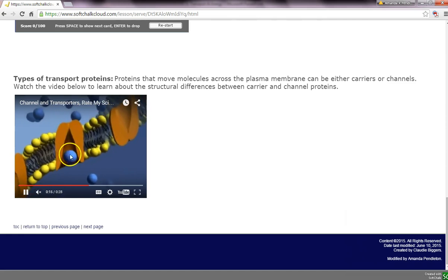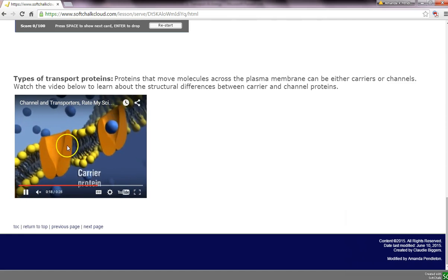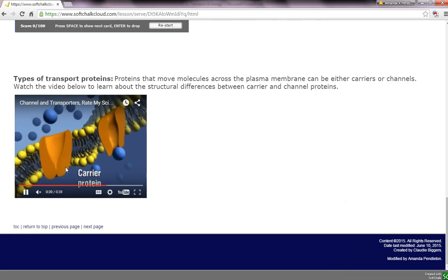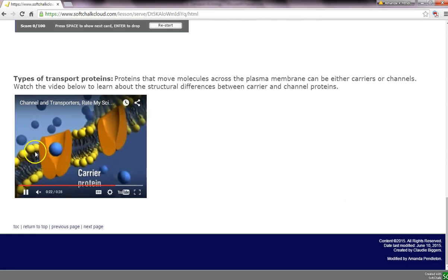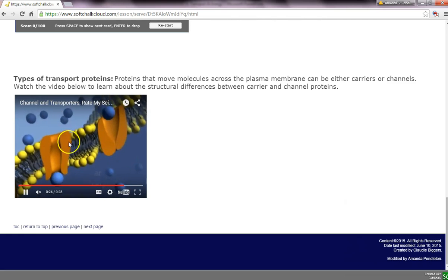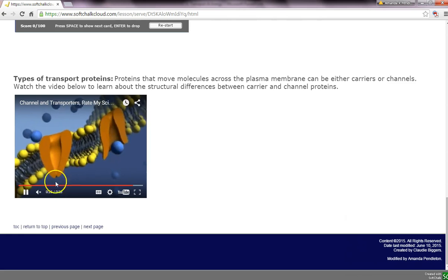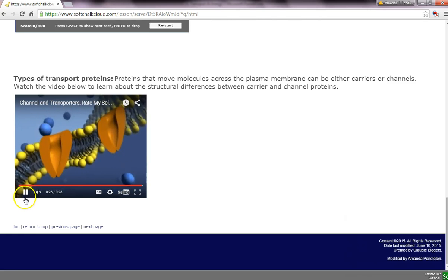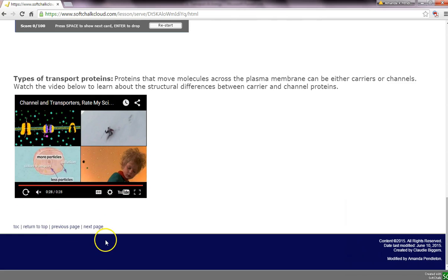Now this one, though, you may notice it changes shape, and it's almost like it carries it across. So it is called a carrier protein. Okay, so channel proteins and carrier proteins, and those are the two types right up here. Two types of proteins that can help molecules across that plasma membrane if they can't get through on their own.